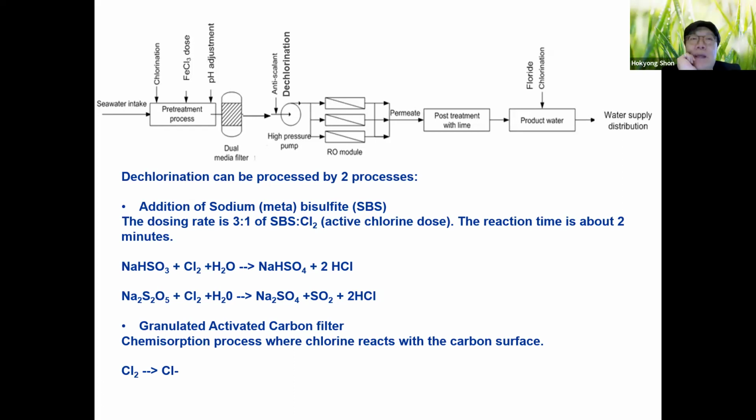Chlorination was discovered 100 years ago. Before we discovered chlorine, people's average lifetime was around 40 to 50 years, about 45. But after a UK engineer developed chlorination for drinking water, human lifetime increased by more than 30 years.